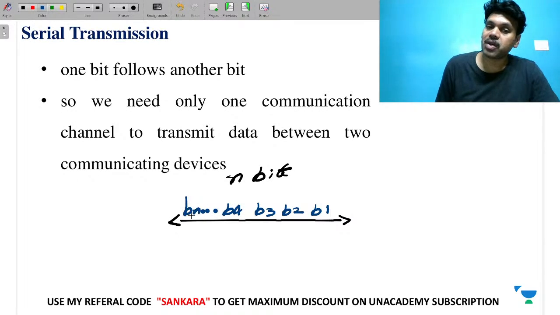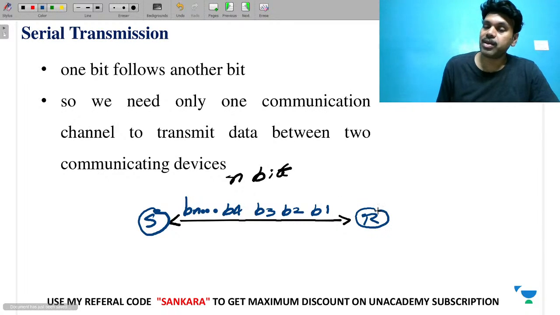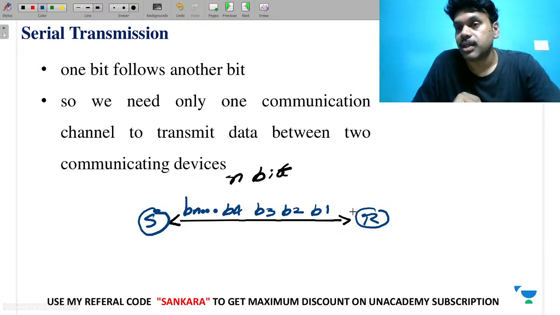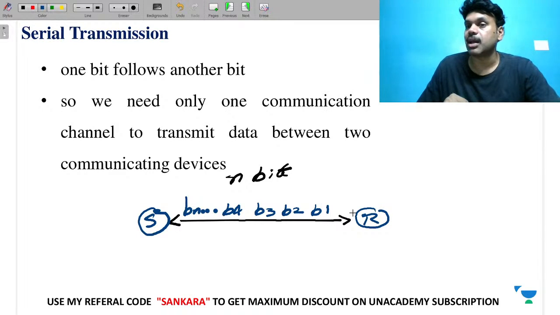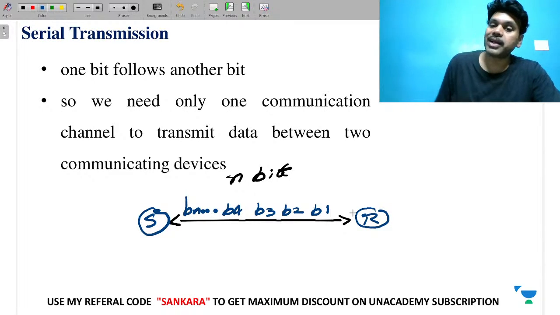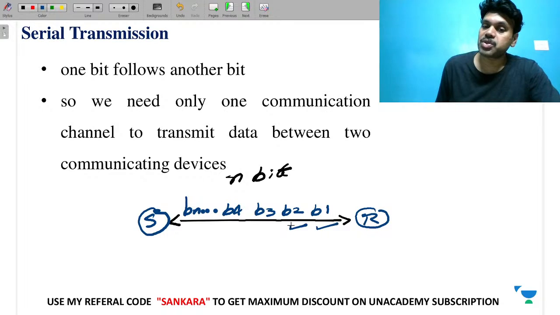The last bit also reaches from sender to receiver. So if you observe, it is very inexpensive, because even if you are providing n data bits, I am going to use only one particular line. In that line, all the data bits are pushed one by one to the other side.